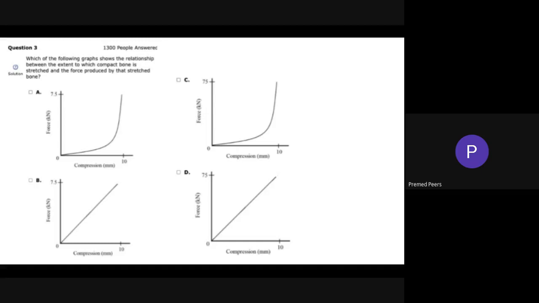So we have two obvious shape differences, right? The top ones are a curve, and then the bottom ones are a straight line. So just take a guess between each of them. At least tell me which shape you think is correct, the curve or the straight line. Okay, A.